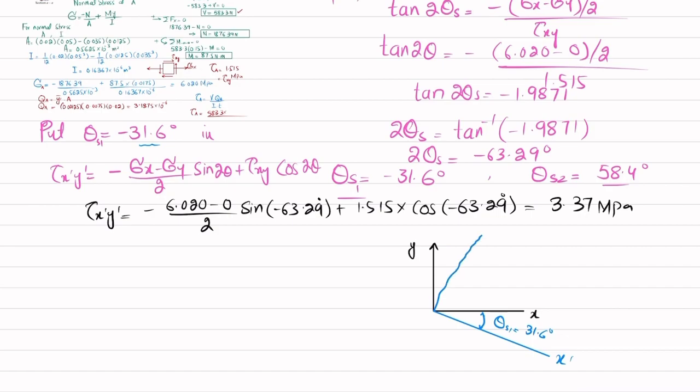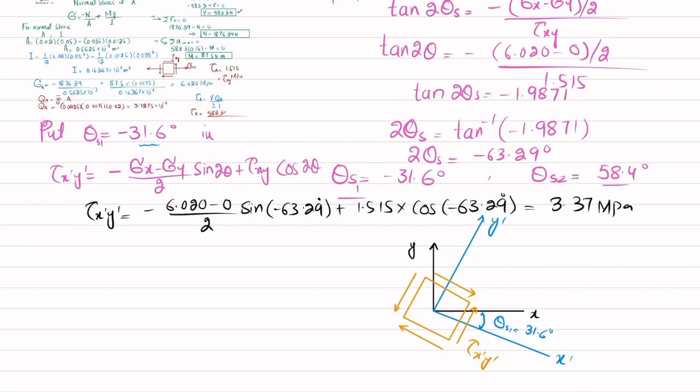So the transformed axis y dash will be this one, and if you draw the element like this, you can see that tau of x dash y dash is positive, so it should be in the upward, positive y dash direction. This is tau of x dash y dash, our maximum in-plane shear stress, clear? So we have represented it on the element.